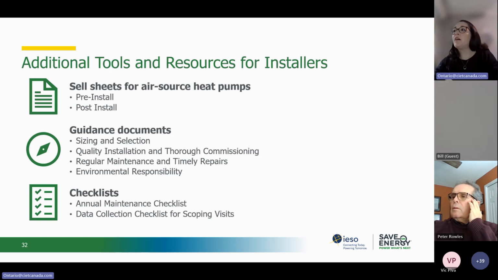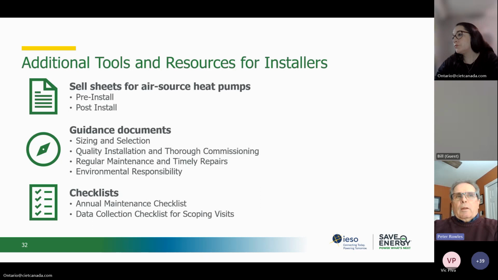This is an interesting one. Can we talk about how sizing of heat pumps is different from sizing a regular furnace with a heat exchanger? Well, regular furnaces are rated, let's say, 60,000 BTUs per hour. So they're able to deliver 60,000 BTUs of heating capacity, regardless of the outside temperature.